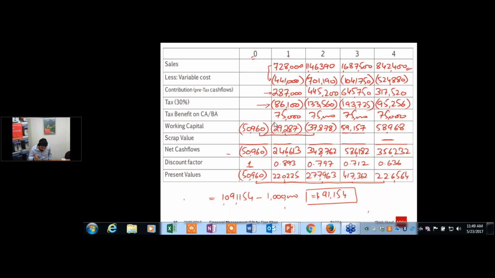Ubad, we have used capital allowances from year one because the first tax payment was in year one. So wherever the tax payment starts, usually we show capital allowance in the same year. Azim, yes, it was a past exam question.